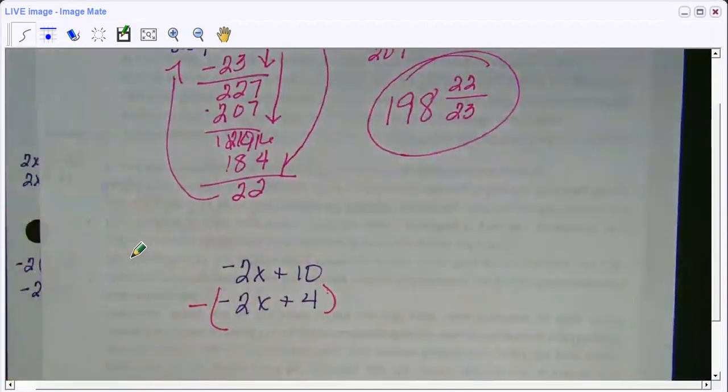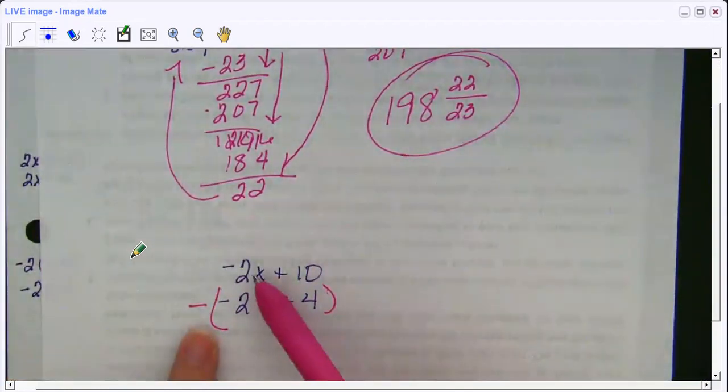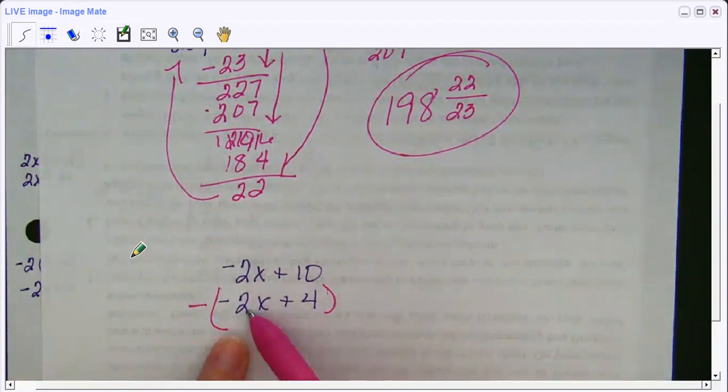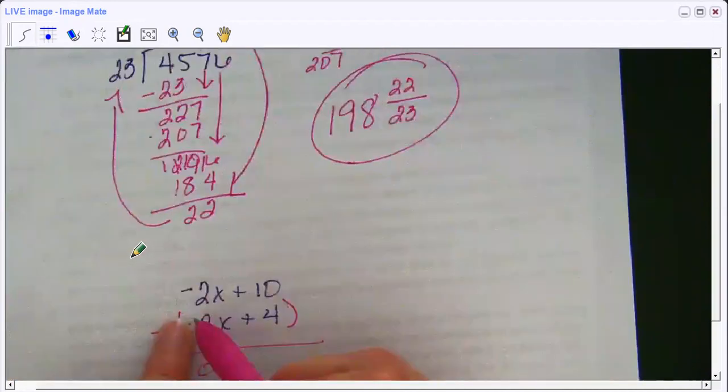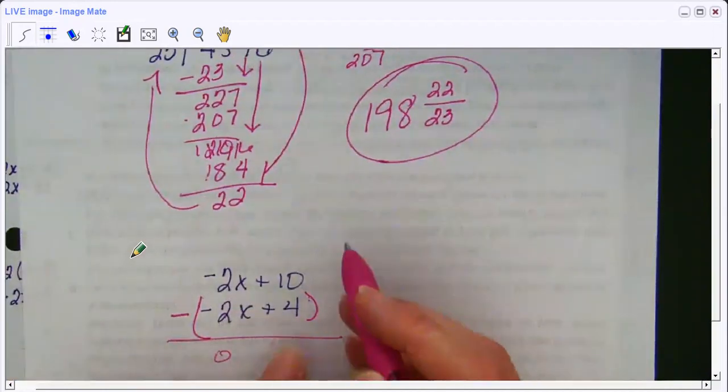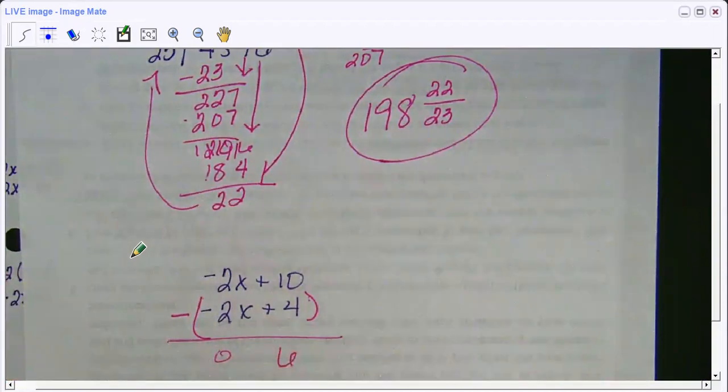If you understand that we're taking a negative 2x minus a negative 2x, which is the same as negative 2x plus 2x, that's 0. And then a 10 minus a positive 4, which is 6, then you don't have to change the signs if you understand what we're doing. But the reason I have you change the sign is because sometimes people will forget that instead of subtracting this 4, they will end up adding it, and that will be wrong.